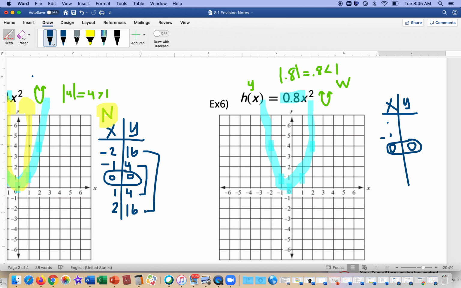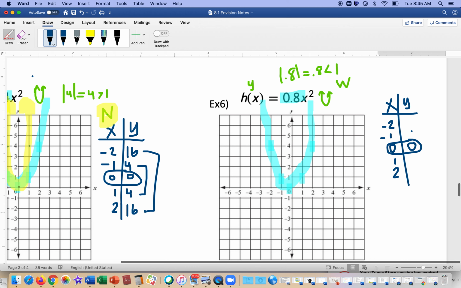We do -1 and -2. By the way, you don't have to do always -1 and -2 and 1, 2. Okay. And I'm just picking those because -1 and -2 are to the left of 0 on the number line, and 1 and 2 are to the right. We're just looking at those x values when we choose what we want to plug into the table so that we see the shape on both sides. If you just plug in random values, you may not see that parabolic shape, the U shape, right? Remember, you don't want straight lines. It's not absolute value. It's got this U shape to it.